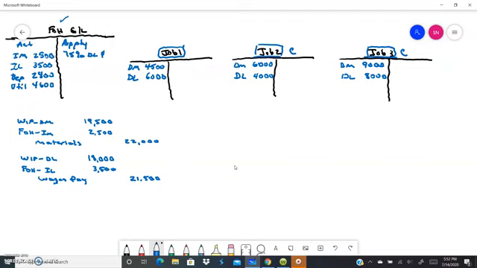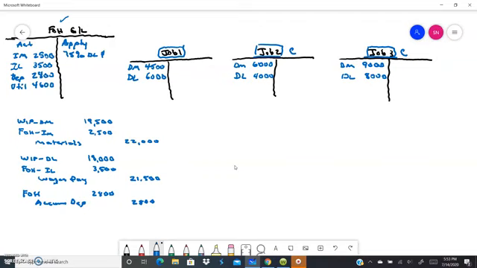So what we're going to do in terms of entries would be, instead of debiting depreciation expense, credit accumulated depreciation, we're going to debit factory overhead for 2,800. Credit accumulated depreciation 2,800. So again, no expenses at the factory. It's either going to be direct materials, direct labor, or factory overhead.